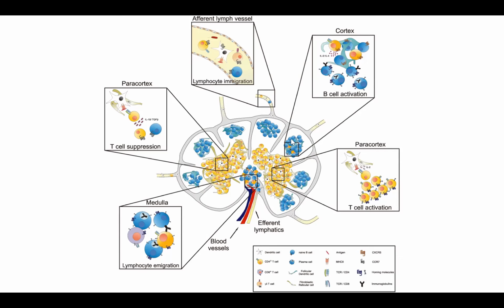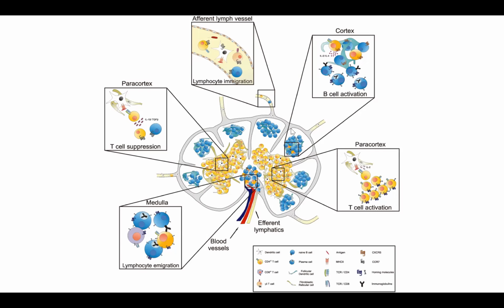So this cortex primarily has B cell activation. All right. Now we're talking in generic terms here. There's some nuances if you really want to get at the Ph.D. level, but let's just stick with the basics here. So there's B cell activation that's going on in the cortex.